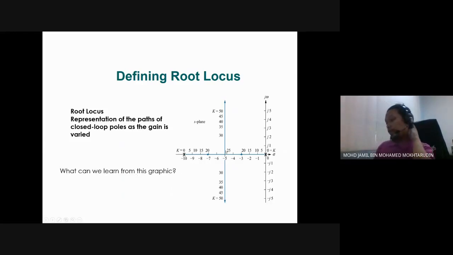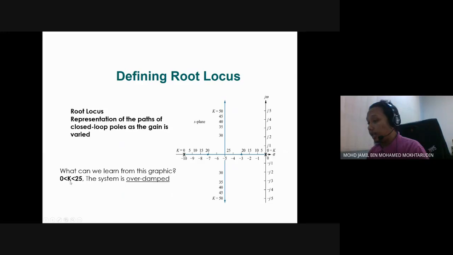So what can we learn from this root locus? When K is between 0 and 25, meaning K from here to this point, and from 0 to this point, the system is overdamped.